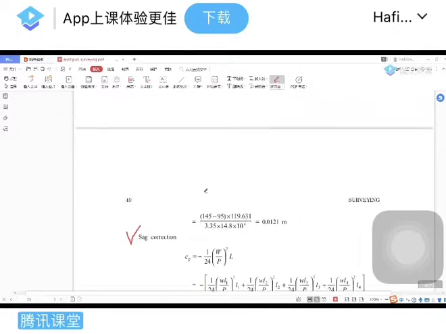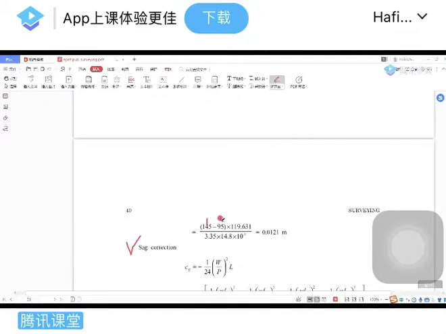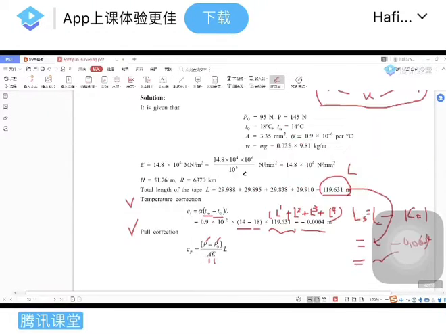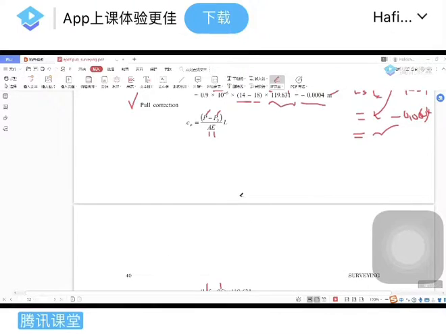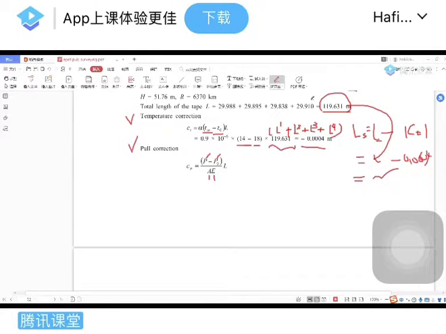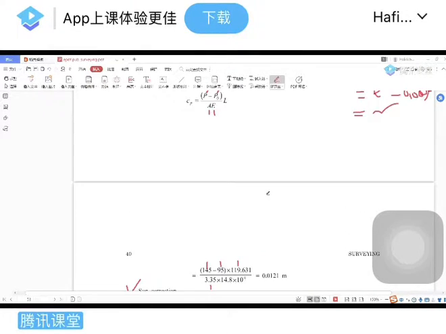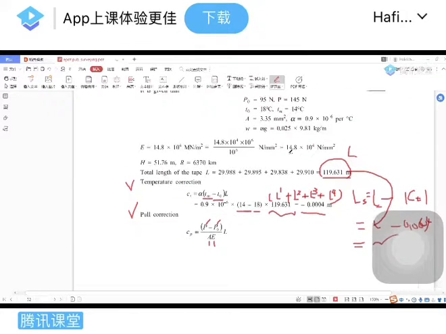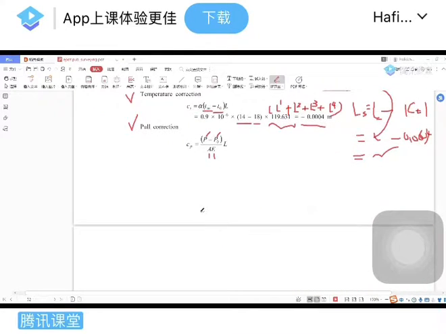Everything is settled. Just substitute. This is the Newton force you exert, 145, and this is the standard one, 95 newtons. And then this one is your L, 119.631. This is L, the nominal distance. And then this is your cross section area, 3.35 over here.